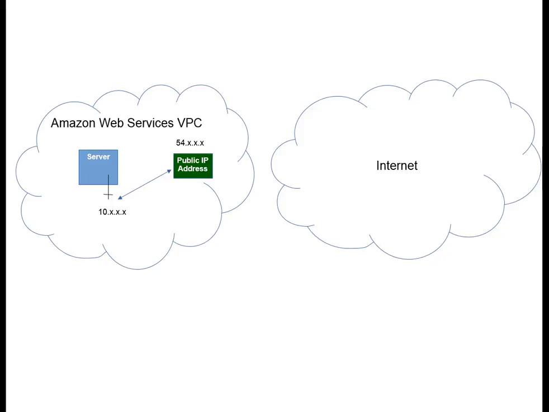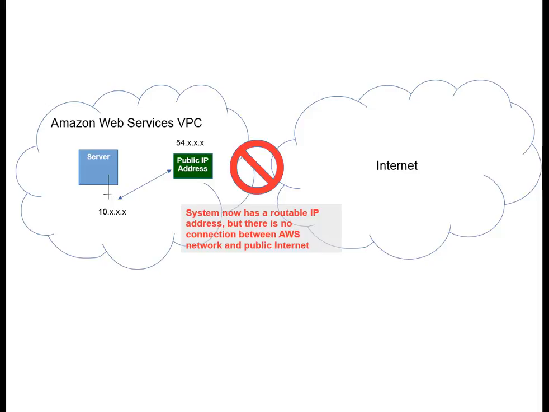So it's not an uncommon occurrence for someone to configure a VPC, connect servers to it, the server gets a private IP address, and they then allocate a public IP address to this server. But because they failed to establish an internet gateway between the VPC and the internet, even though you have a routable IP, if there's no highway to drive on, it doesn't matter that your car works and could get from point A to point B. It has to have a road.